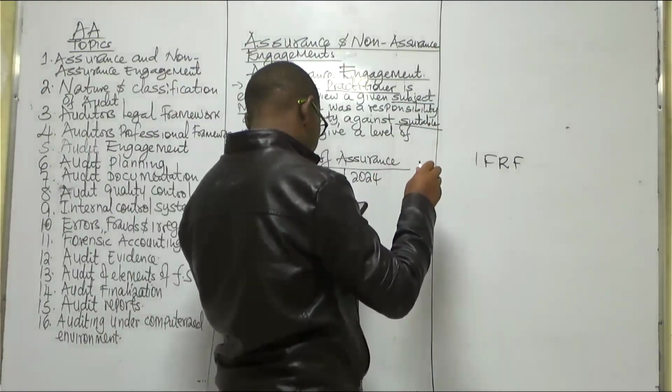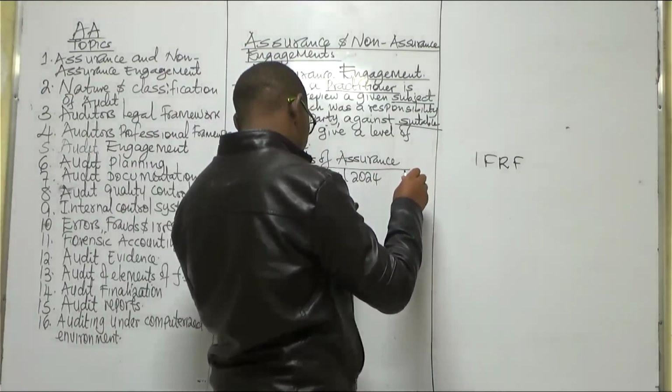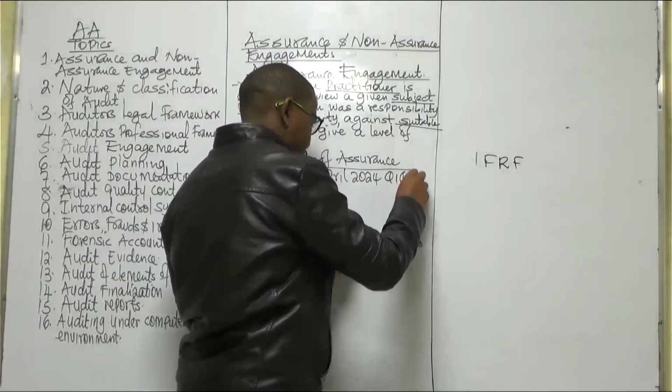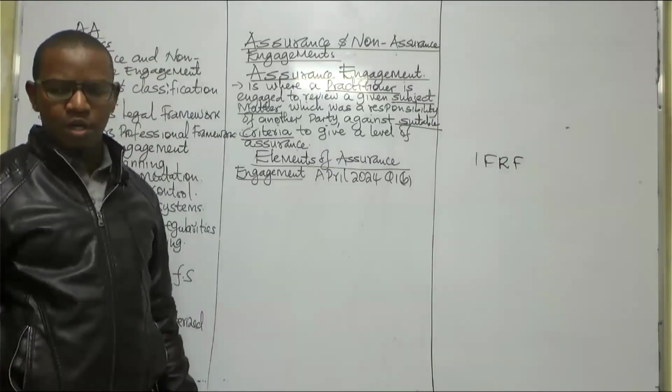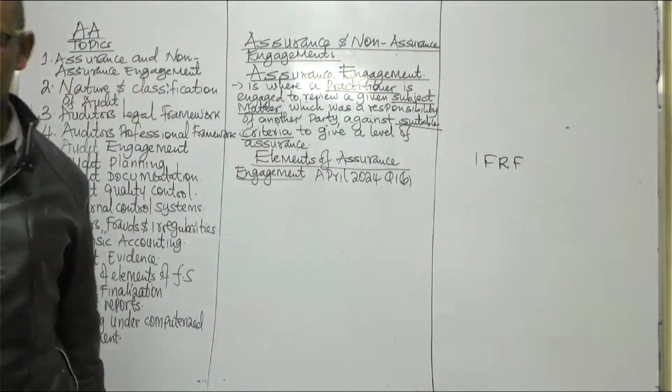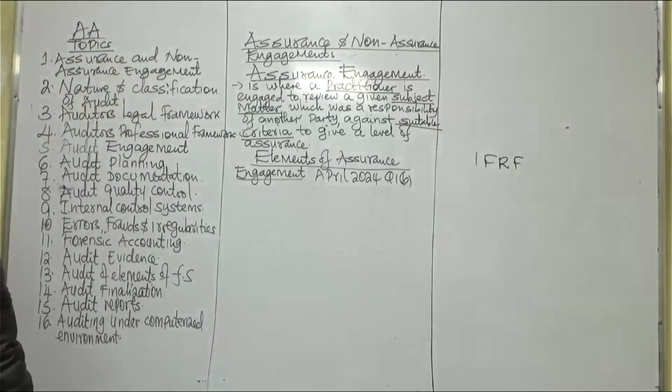This was question number 1B, where you are to talk about the 5 elements of assurance engagement.